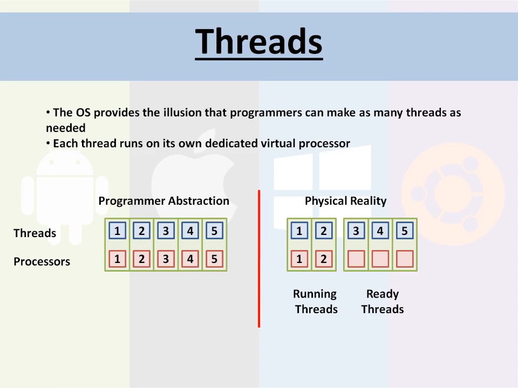So this is in a multi-processing sense, where there are multiple CPUs, or more realistically, multiple cores, which allow for multiple jobs to run concurrently. We have this physical reality where there are only 2, and we still have the same 5 threads, but now what's actually happening is we only have 2 running, so like 1 and 2 here hypothetically, and we have 3 waiting to be run, or they're ready.